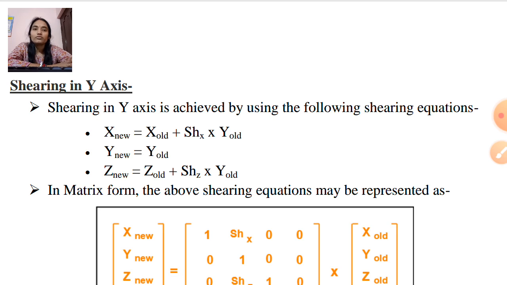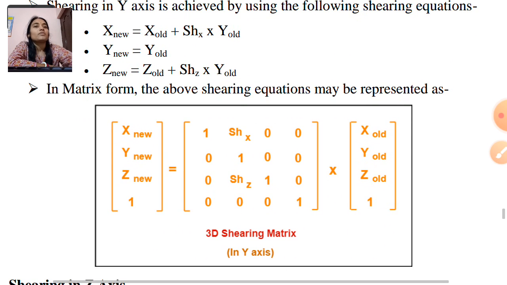But x new equals x old plus shx into y old, and z new equals z old plus shz into y old. That means here the y old value is multiplied by the parameters shx and shz.